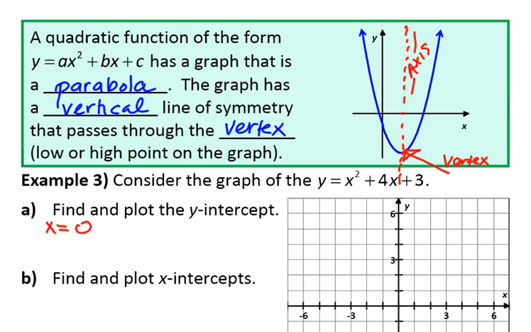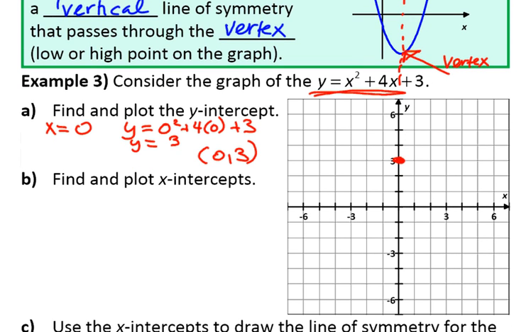So since x is 0, we'll say that y then is equal to 0 squared plus 4 times 0 plus 3. So we'll just plug a 0 into our equation over there and get y is equal to 3. So my y-intercept then is the point 0, 3, and I'll plot that on my graph. There's my 0, 3 right there.